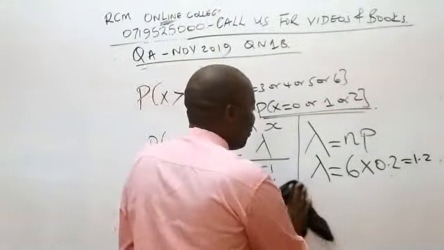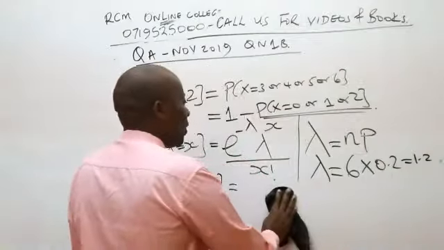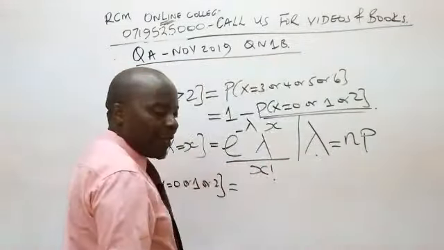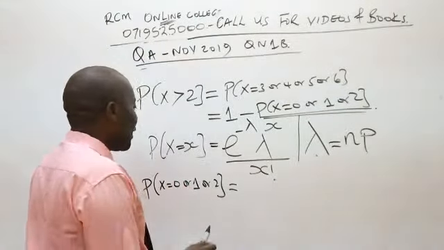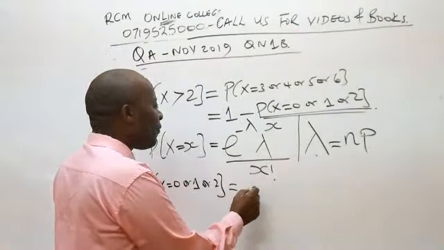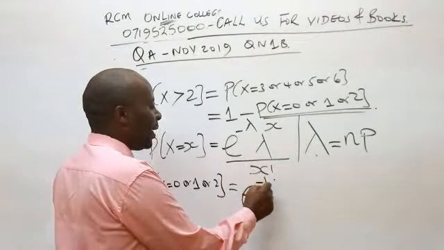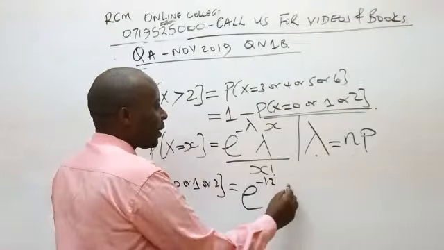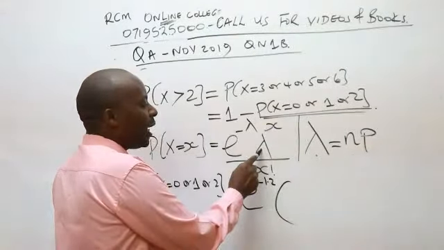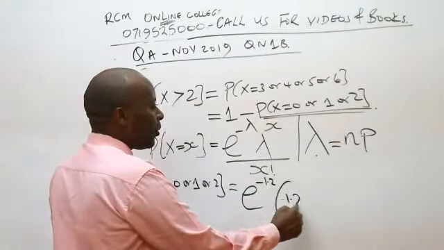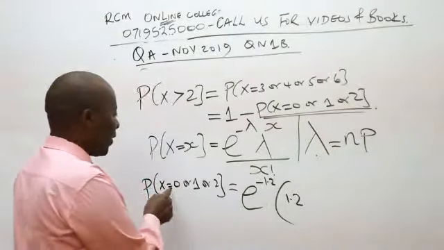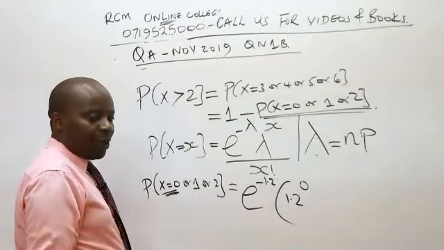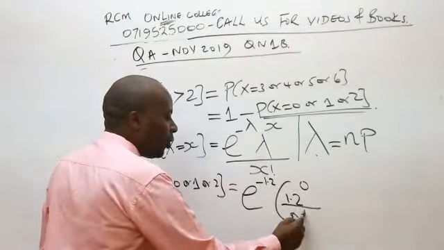Once I have that, now I'll be able to apply this other formula very easily. Once I have my mean, I hope you have taken this down, I will factor out e raised to negative lambda. Lambda here is 1.2 raised to the first x figure, which is 0, all over 0 factorial.